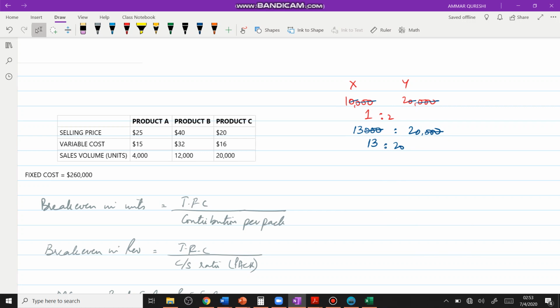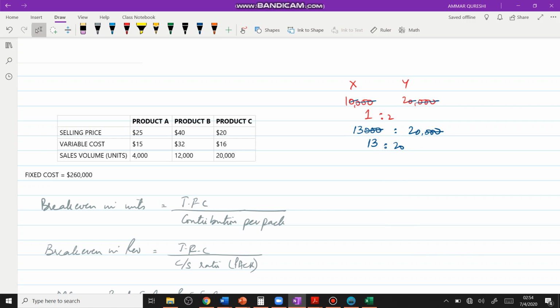See, for example, the company is selling one dining table, right? So the company is expecting that whenever it sells one dining table, along with it, it can sell four chairs, right? So the proportion of sales volume of dining table to chairs will be 1 is to 4.